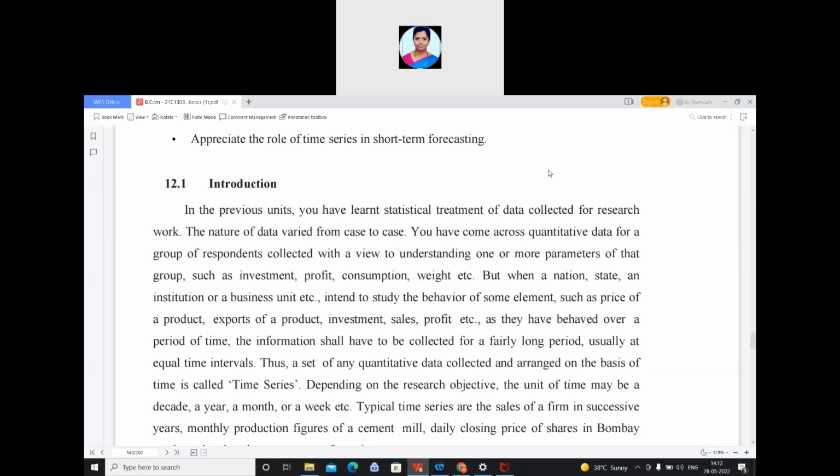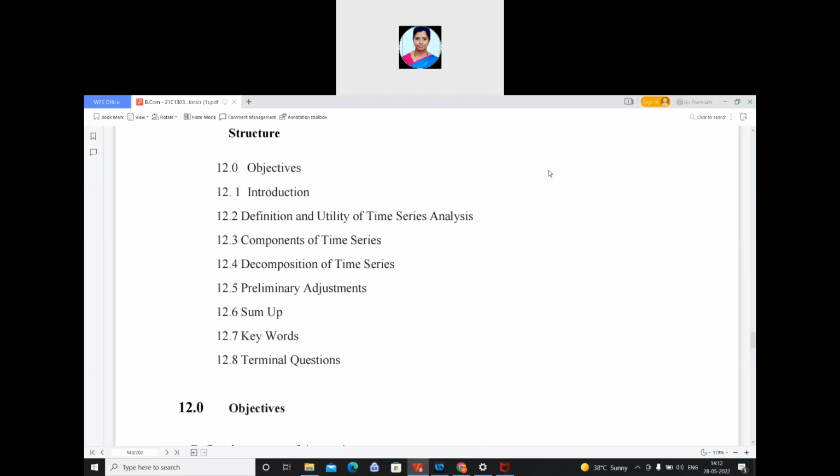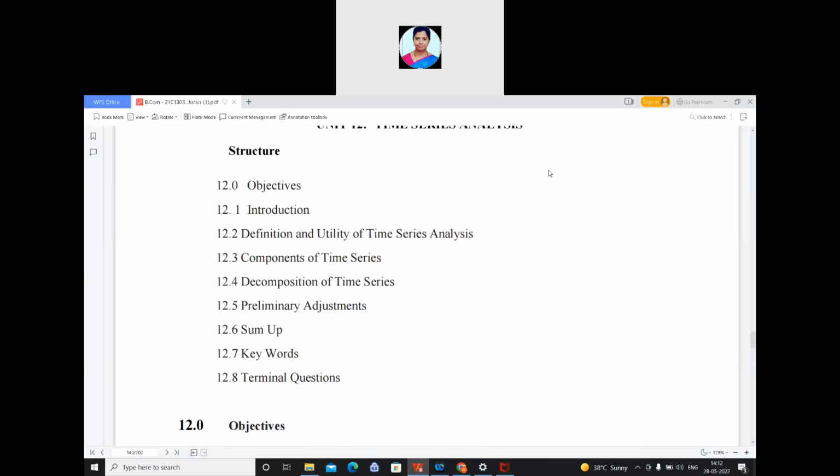In this one, we are going to study our objectives, the introduction of the time series, definition and utility of time series analysis. What are the components of time series and how are we going to decompose the time series? Then preliminary adjustments, and we will see the sum up, keywords and terminal questions.